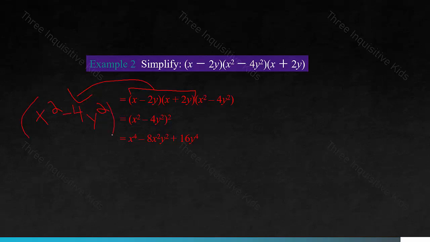So that's our parentheses. But we still have this parentheses to multiply to it. So that's technically the same thing as just x squared minus 4y squared squared. And then we apply the perfect square formula, which gives us x to the 4th power minus 8x squared y squared plus 16y to the 4th power.